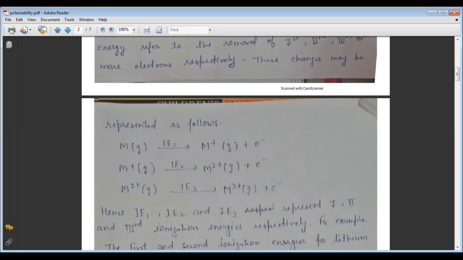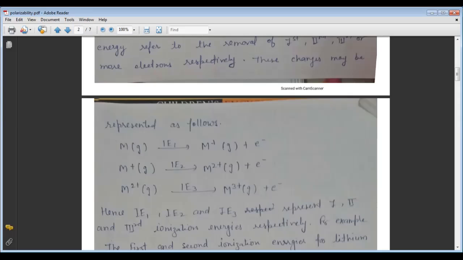Here we can see that at first it is the first ionization energy when the atom converts into the cation, M positive in the gaseous state. So the first energy is called the first ionization energy.